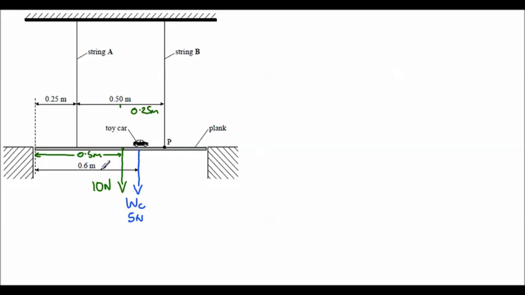So if that's 0.6, then it works out that for the car, that distance there is 0.15 meters. So we've got all of our distances in there, and so I've labelled weight of the car. I should have said weight of the bridge, maybe write in the words for what those are: weight of the car, weight of the bridge.